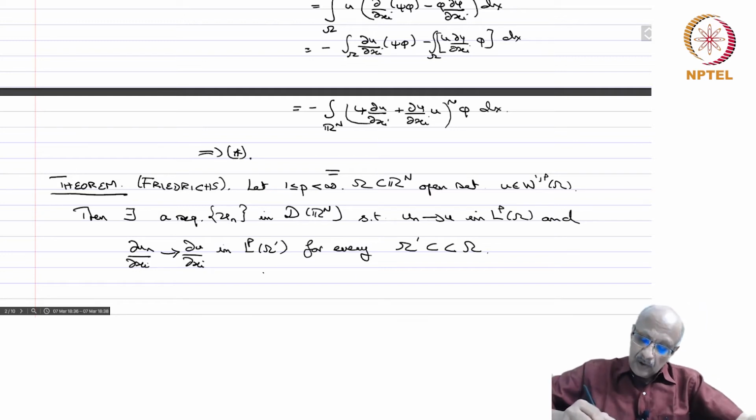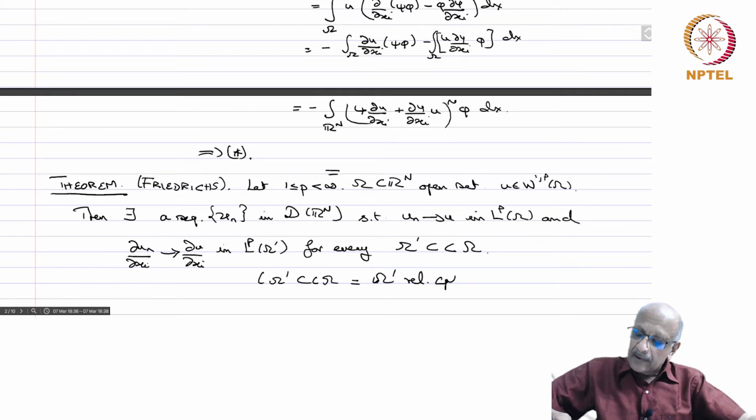So what does omega prime relatively compact in omega mean? That's the notation, which means that the closure of omega prime is contained in omega and the closure of omega prime is compact.